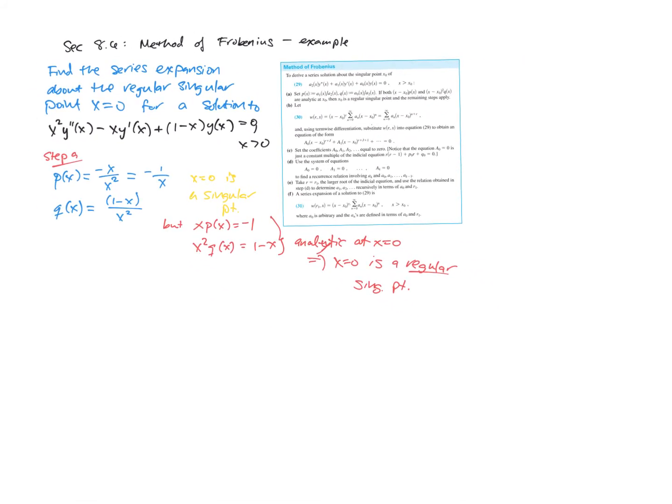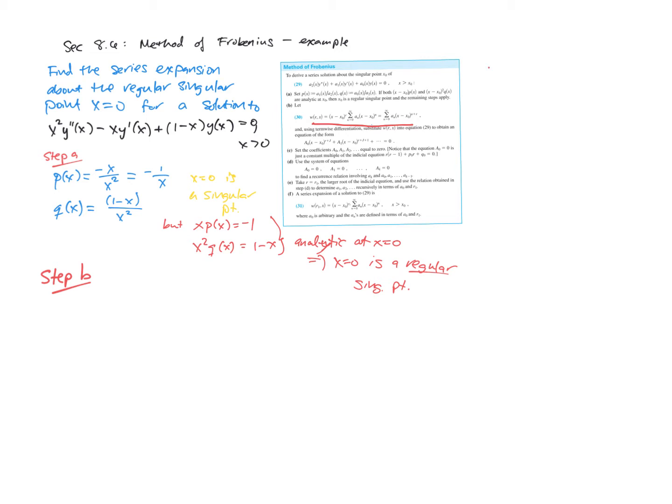Alrighty, step B. Now, I actually don't like this list. There's a step that I want to do before B. So step B is taking our guess that our solution is going to look like x to the r times an analytic function, a power series. But we actually know how to find r because of this indicial equation.